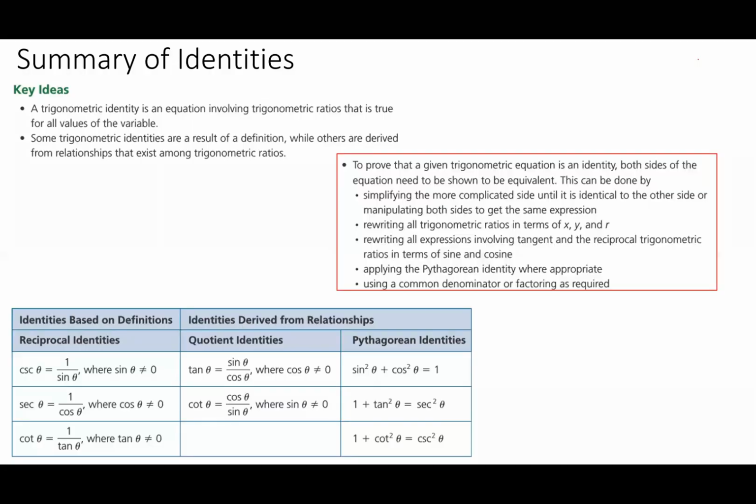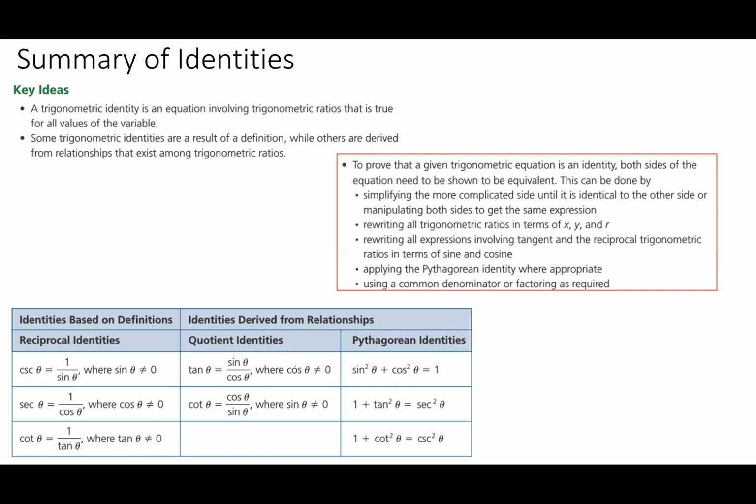Okay, so to summarize, we looked at identities, which we stated was basically an equation or expression that is true for all scenarios, right? And we looked at some different types of identities. The reciprocal identities you've already been exposed to: cosecant theta, which is the reciprocal of sine theta, secant theta, which is the reciprocal of cosine theta, cotangent theta, which is the reciprocal of tan theta.